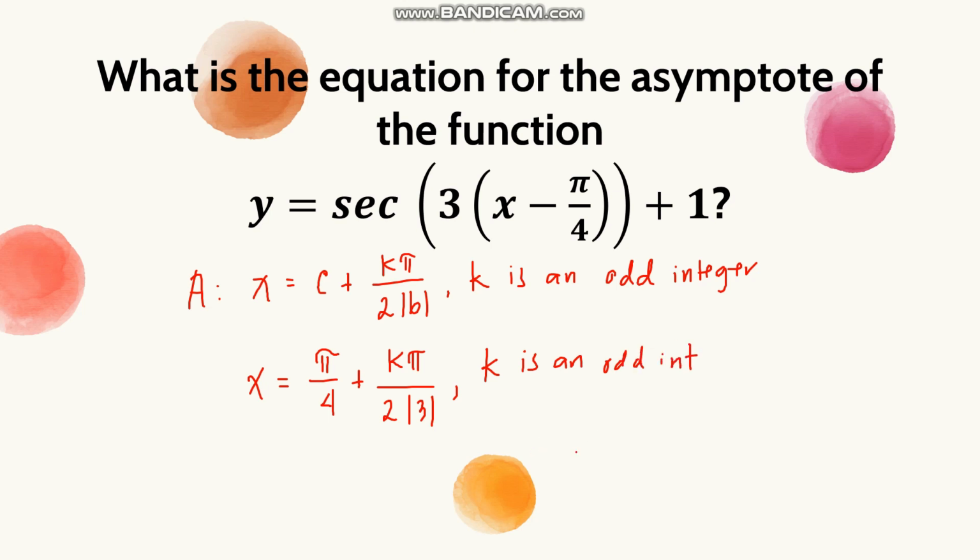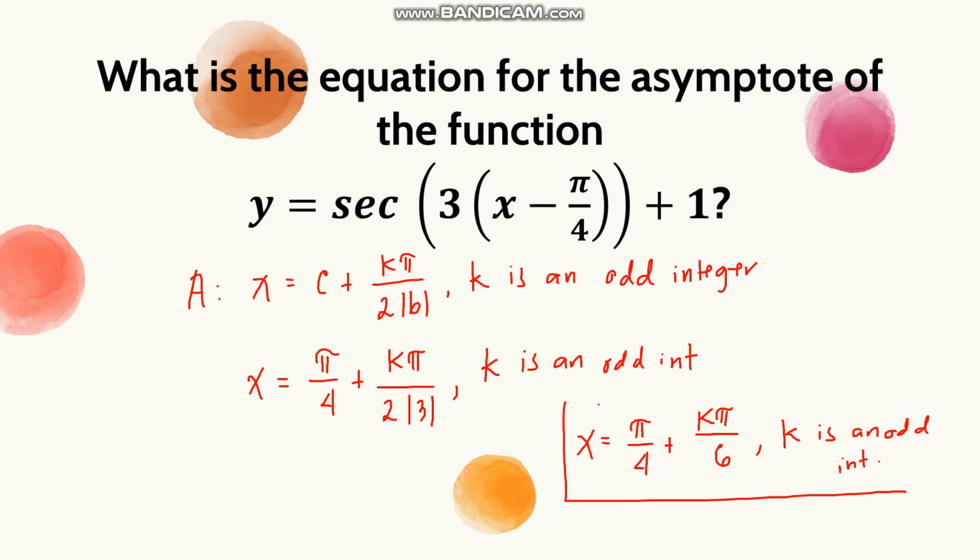To simplify this, we now have x equals pi over 4 plus k pi over 6, where k is an odd integer. So this is now the equation for the asymptotes of our function.